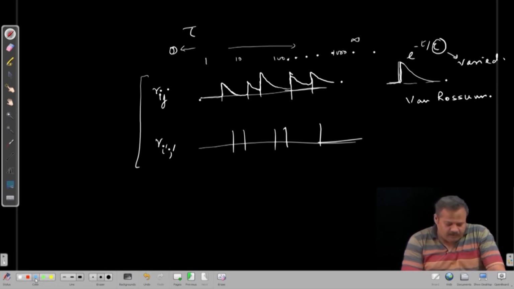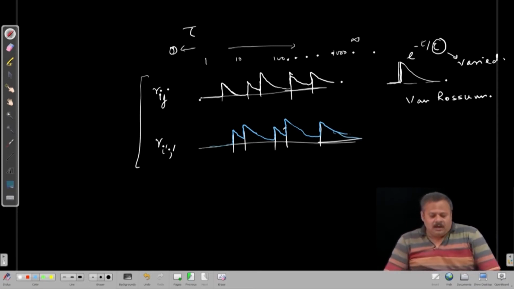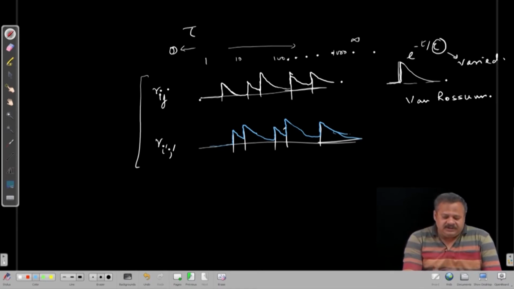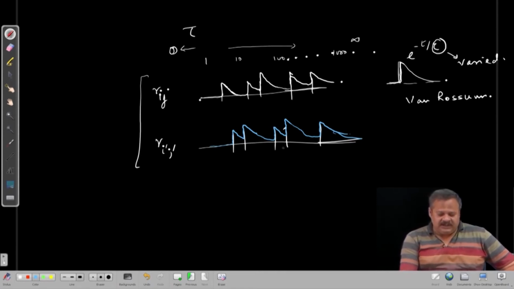And similarly, for the other spike train, we will get something like this. Now, for different taus, these shapes are going to vary. For tau going towards 0, they are going to be very similar to the spike trains with delta functions at each of those points.